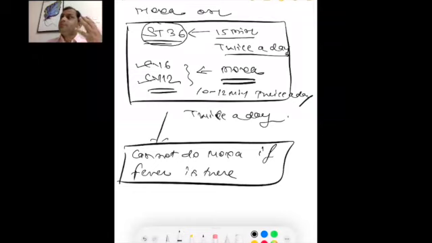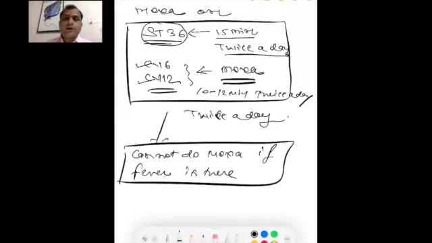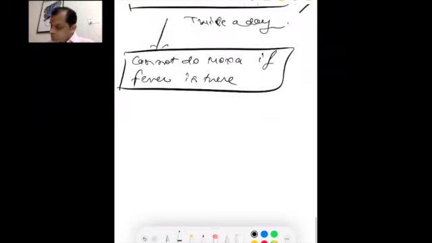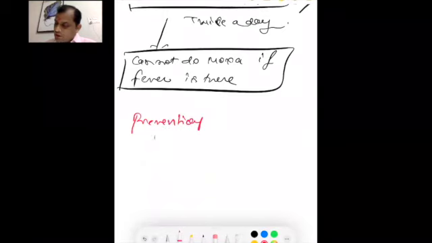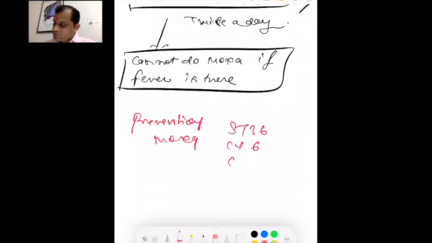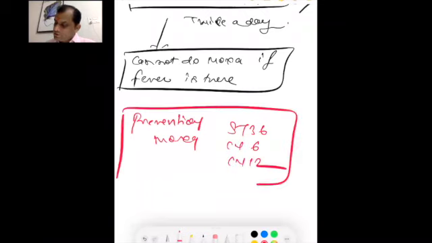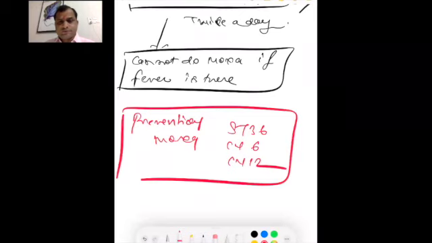Or suppose someone in your home got the attack of corona. Then for prevention, you can start moxa on stomach 36, CV6 and CV12, but not for 1 or 2 minutes, which is far too little.